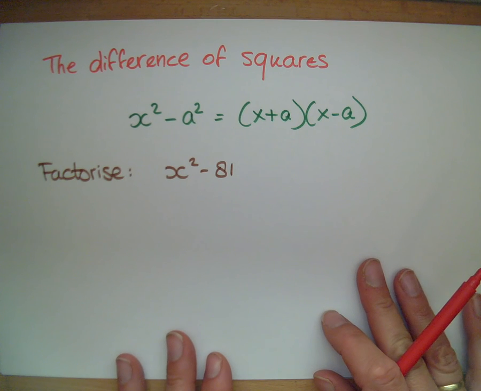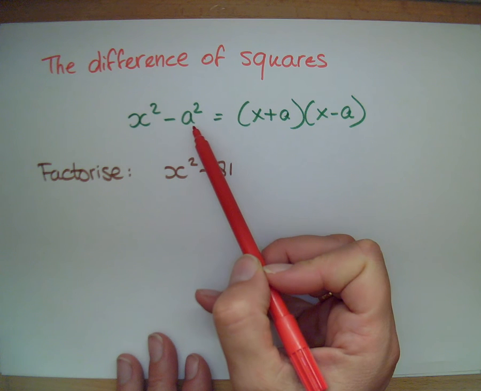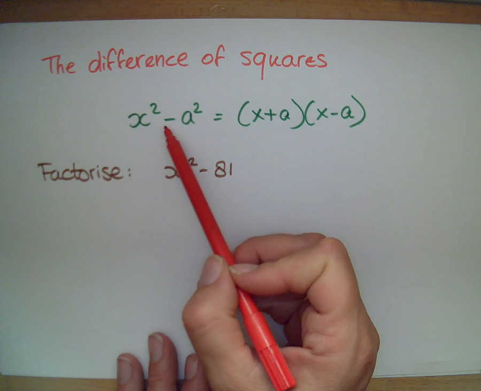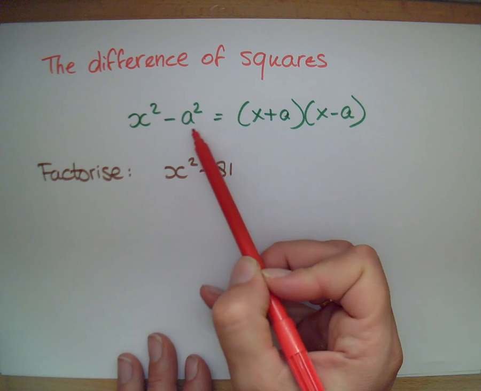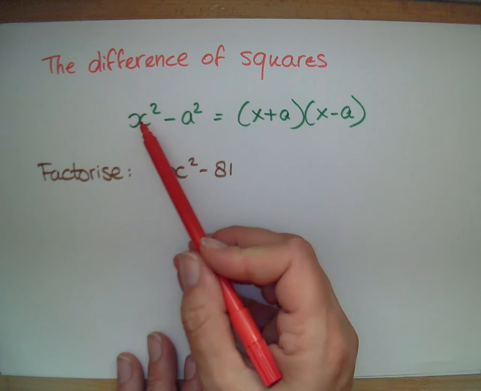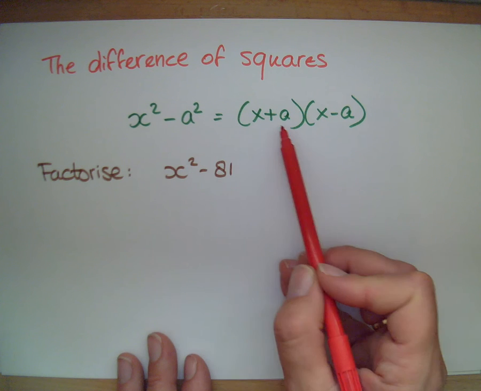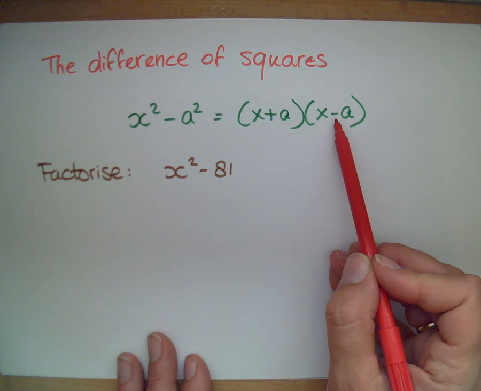Then you'll remember the difference of squares. When your quadratic expression is x squared minus a number that is a square, then factorizing it would be x plus the number times x minus the number.